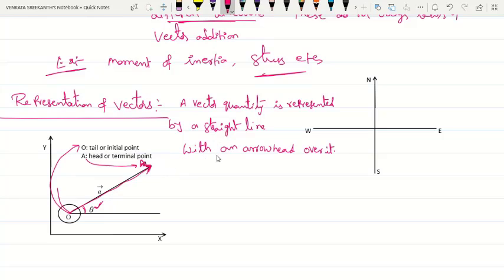The length of the line gives the magnitude and the arrowhead gives the direction. By definition, a vector quantity is represented by a straight line with an arrowhead.